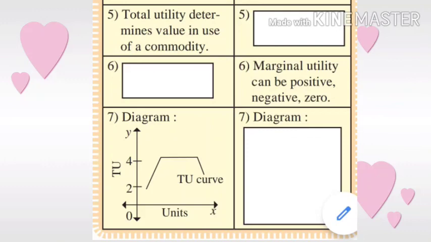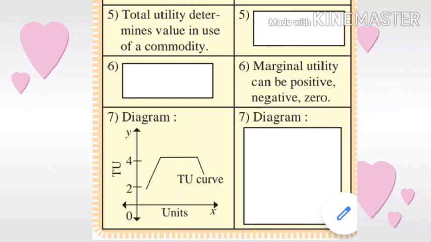And the last point, depicting the diagram. We can see under total utility column, X and Y axis drawn. Similarly, you will draw X and Y axis in the marginal utility column. X axis you will show units and Y axis you will show marginal utility. Now in total utility, the curve is first upward moving, constant and then falling.